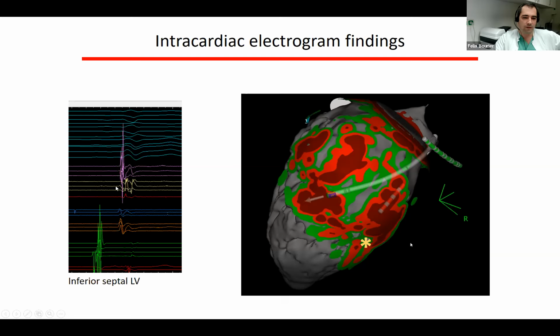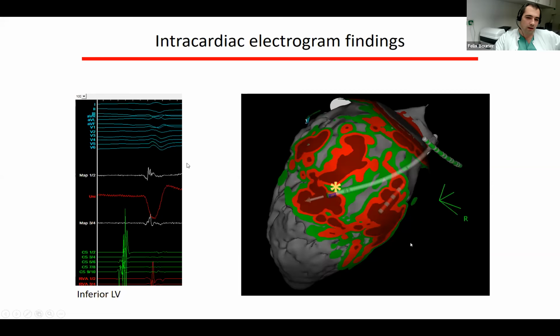Again, you see high voltage, high amplitude in the near field electrogram, and you see some delayed far field. The orange and blue electrodes look like they were not in good contact at this place. Those were one of the only findings we actually had in this area. Here you see the STSF catheter brought in.